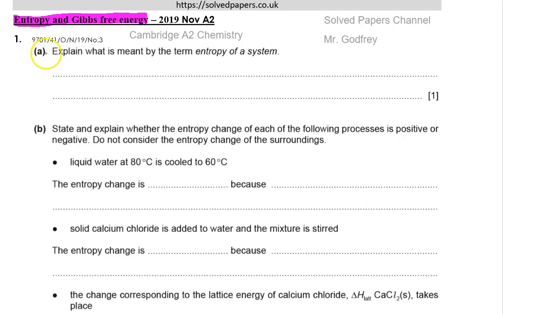Number 1A, explain what is meant by the term entropy of a system. Entropy of a system is the measure of the degree of disorder of that system. It's basically that.